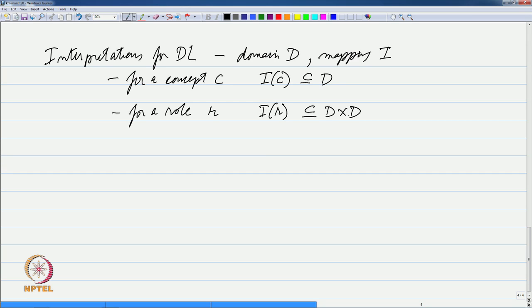So, you can say John is a friend of Mary and that kind of stuff. Then for an individual A, the interpretation of A is an element of the domain D, exactly like constants in first order logic.